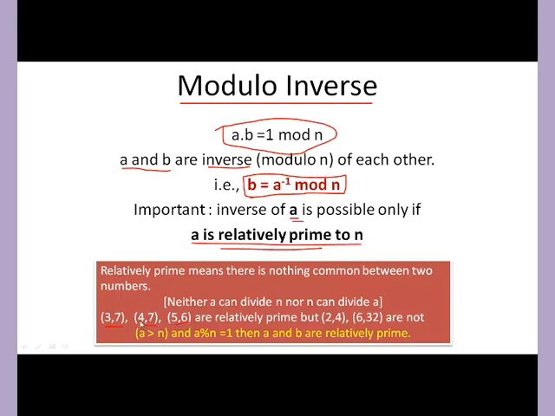So these combinations are relatively prime. And what about 2 and 4? In 2 and 4 we can take 2 common, because this is 2 into 1, this is 2 into 2. So the 2, 4 combination is not relatively prime. So for computing the inverse of A modulo n, A must be relatively prime with n. If it is not, we cannot find the inverse of A.